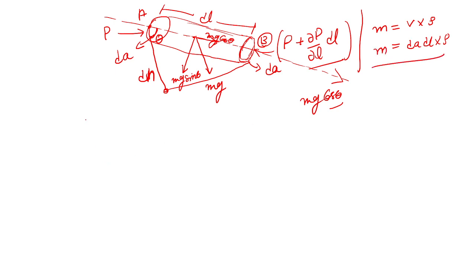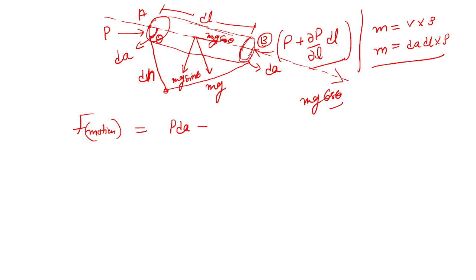Now applying the equation, the force because of motion is equal to the net force. I told you the net force is the combination of the force acting on A and the force acting on B plus the force because of earth's gravity. So it will be equal to the force acting at face A, that is P dA, minus the force acting on B. Why am I putting minus?